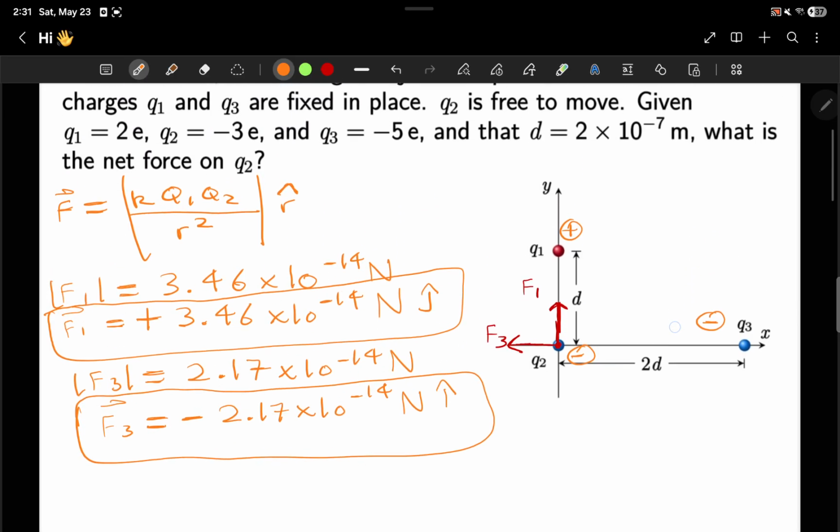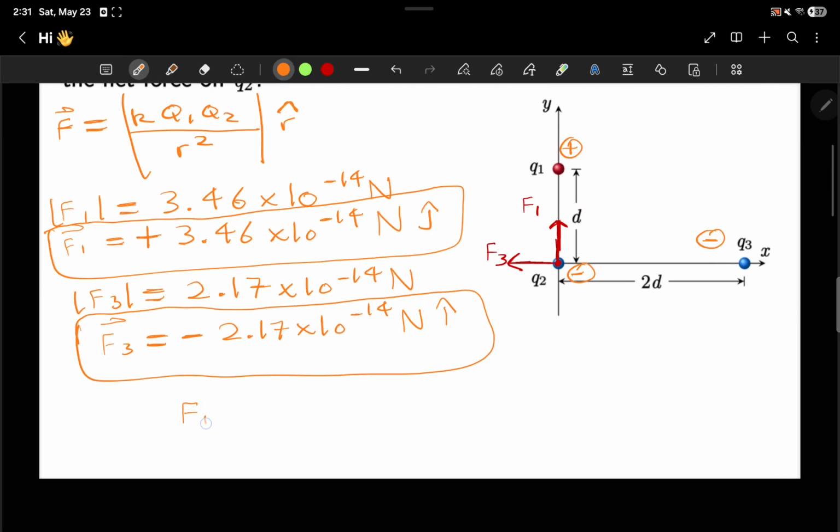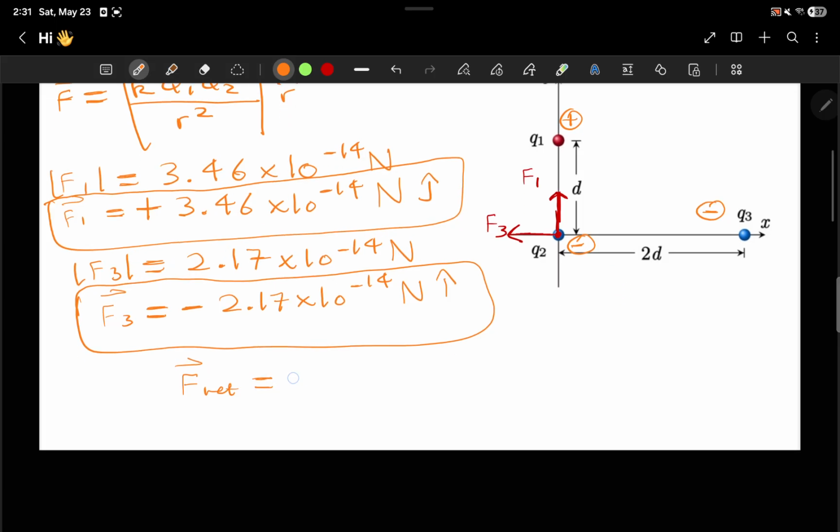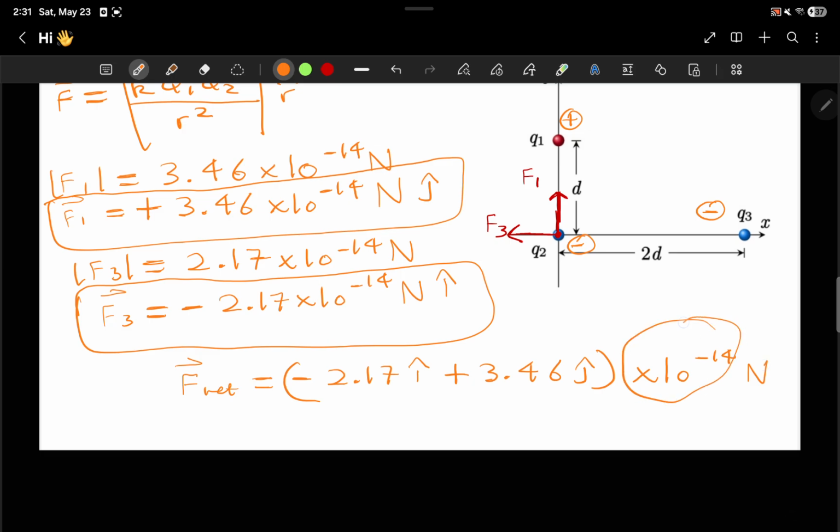So basically the net force on charge 2 is written as follows. Again, I factored out the times 10 to the negative 14, so I don't have to write it twice and make the answer lengthy.